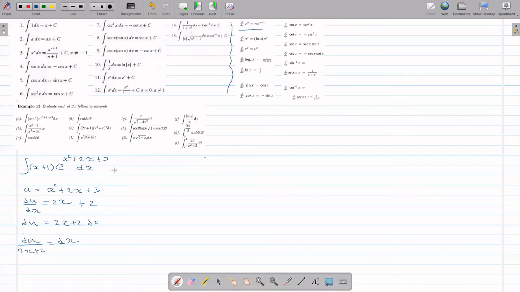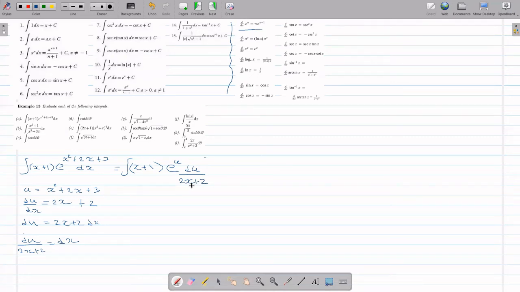Okay, now I can substitute. Here I have an x plus 1. That additional part I get, hoping it cancels out later. Yeah, I get e to the u, this guy is u, no? And du is 2x plus 2. Now this is supposed to cancel out this one.